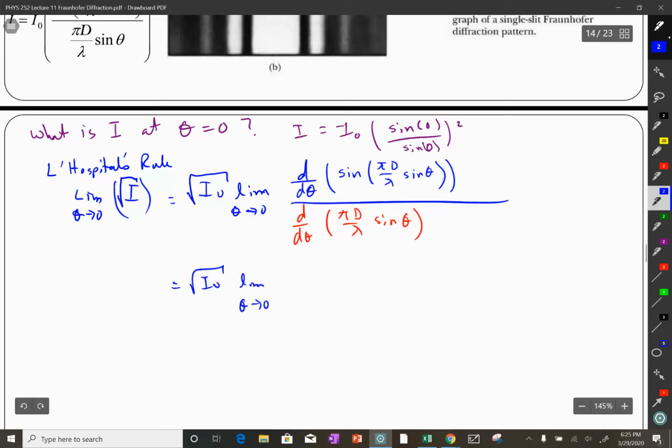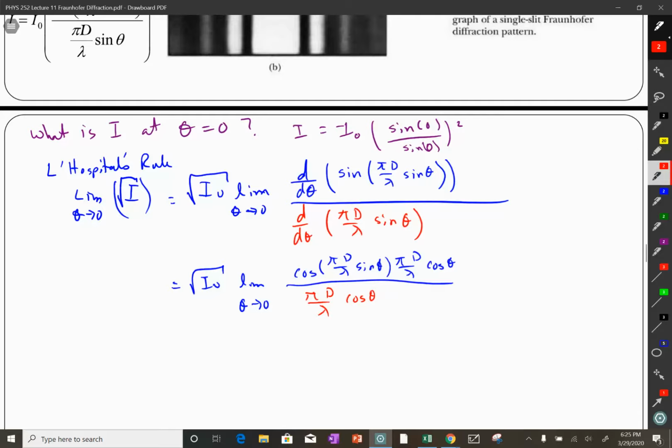And so on the top, the derivative of sine is cosine of pi d over lambda sine theta. And then derivative of the inside is pi d over lambda cosine theta. For the bottom, pi d over lambda cosine theta. So if I take the limit as theta approaches 0, first things first, cosine of 0 is 1.